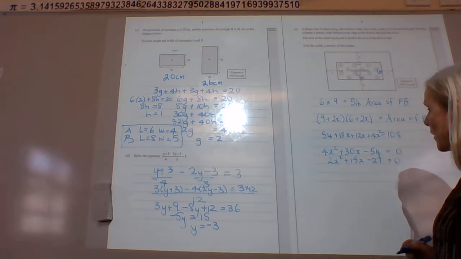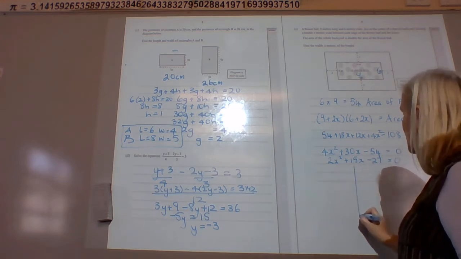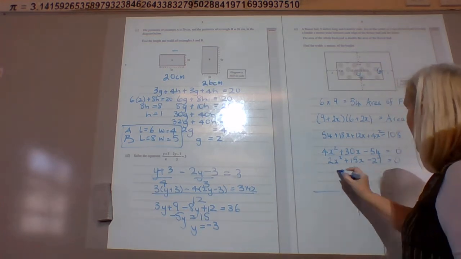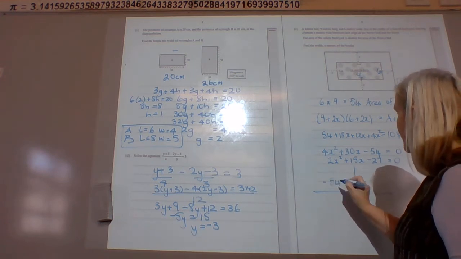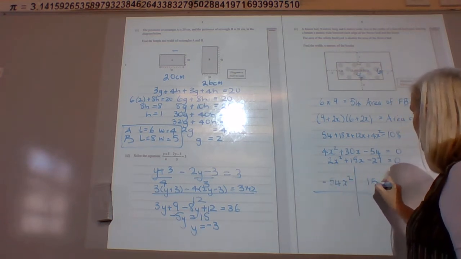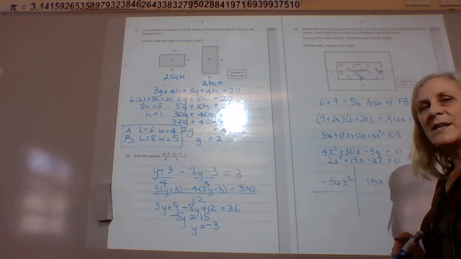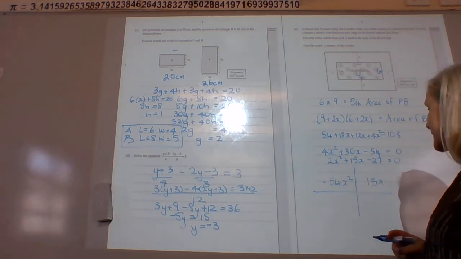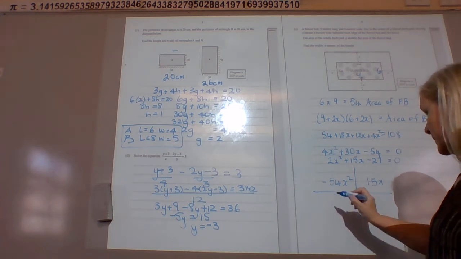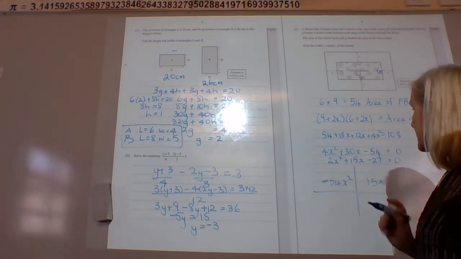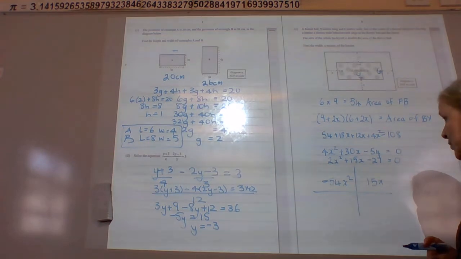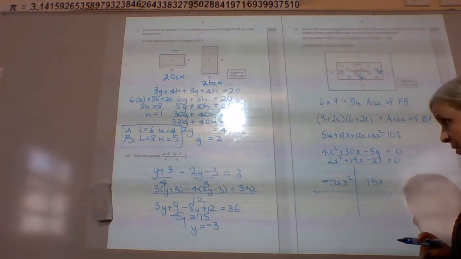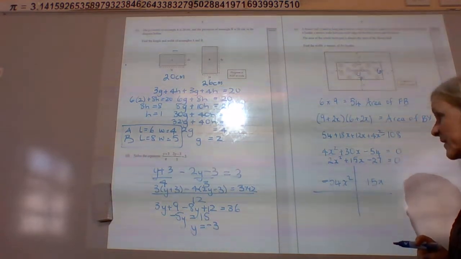All right, and now I'm going to factorise. So I'm going to use Windows, which is in my video on how to solve tricky quadratics. So I've got 54 here, and I've got 15 here. I need 2 things that multiply to give 54, that add up to give 15. So I can tell that it's negative 54. So it's going to be half of 54 is 27 and 2.